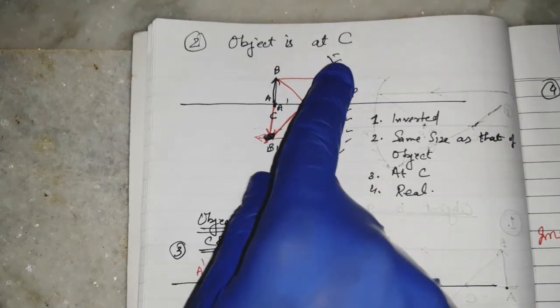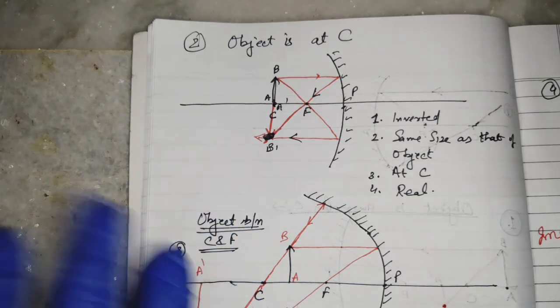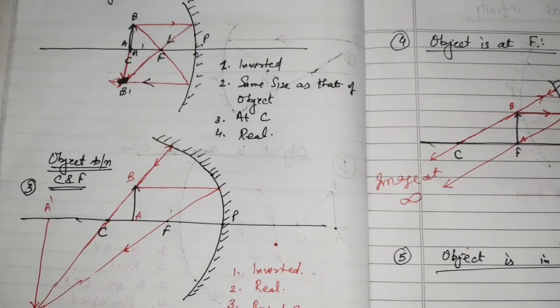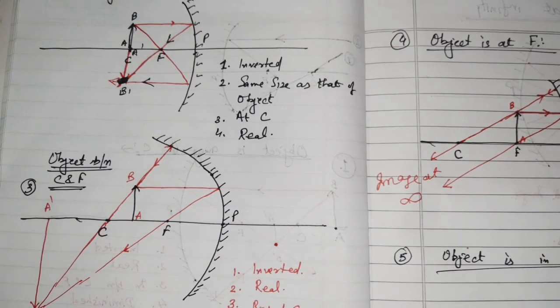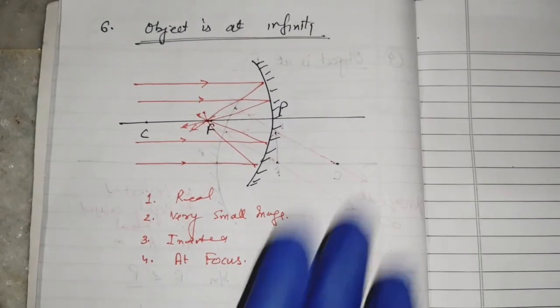So it is at C. They can also ask where the object is placed when the image is at the same position, or in which case the image and object are at the same position in case of a concave mirror. So I have solved all these cases. I hope you will draw all these cases in your notebook. Thank you so much.